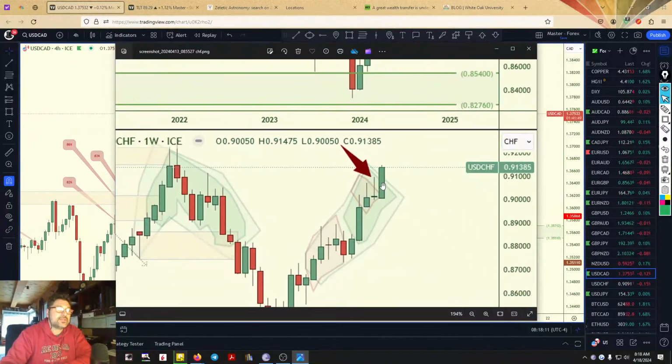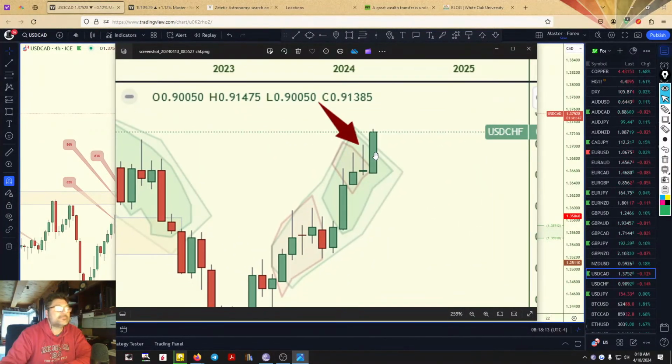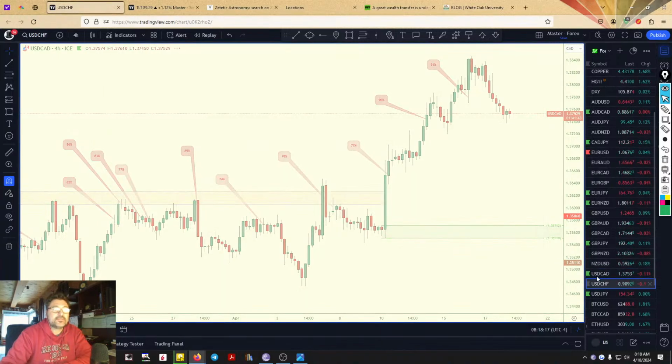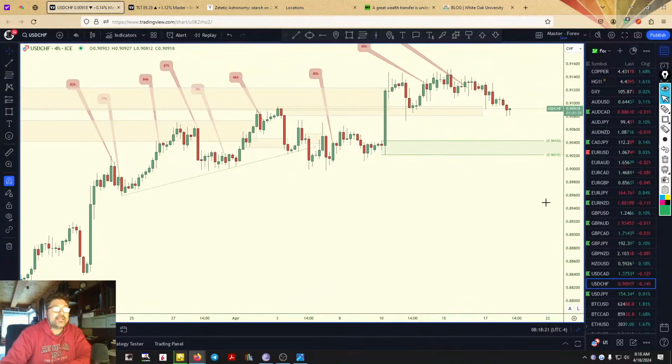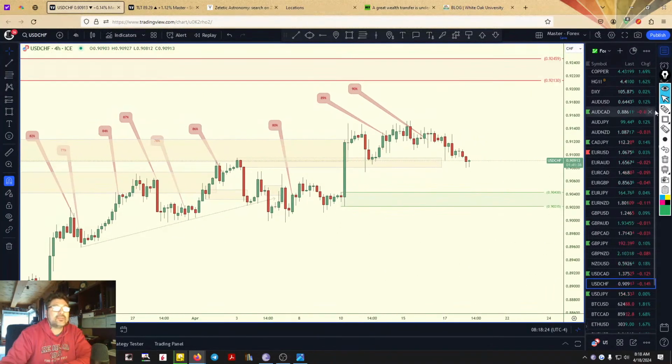And what do we see with price action? Straight up. This is what we've been saying. So, nice price action here. And same thing, look at the retail sentiment. 90% bearish.